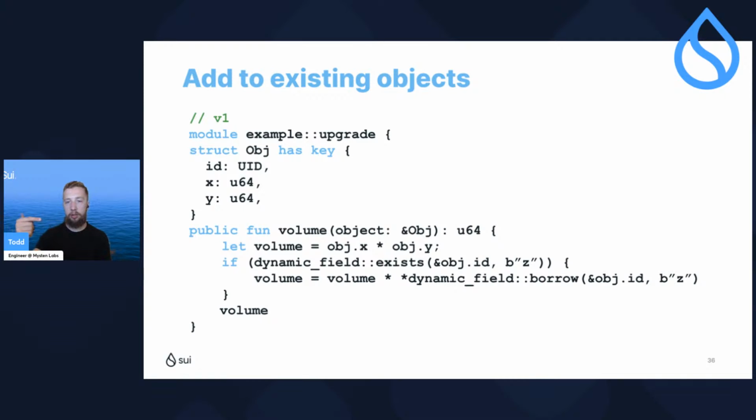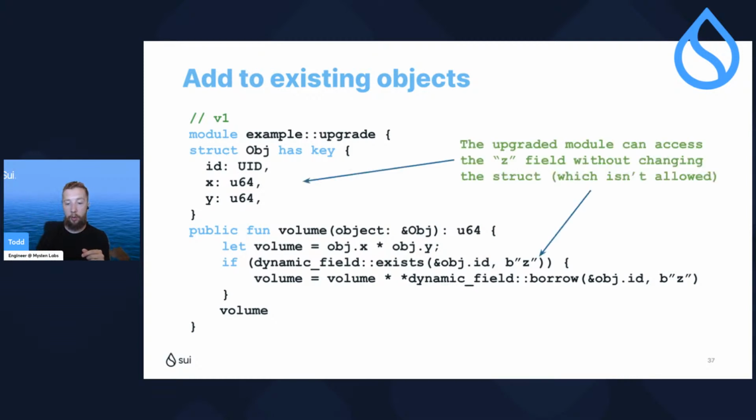Well, we can't just add the field to the object because that would change its layout, and we call that an incompatible change. It would break the current existing format for the objects that have already been created. So instead, we can use a dynamic field to check for a new field z here, and that way the next version of this module can access this field without changing the struct.